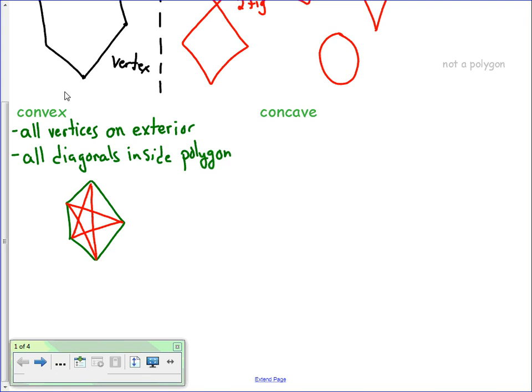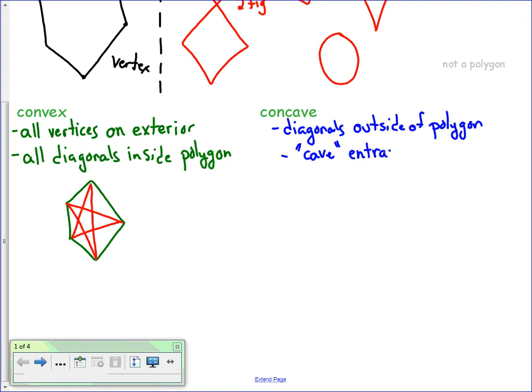Concave is where a diagonal goes outside of the polygon, creating what we call a cave-like entrance. So something like this, for example.